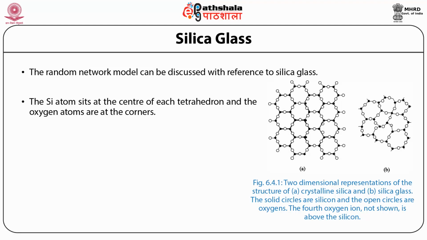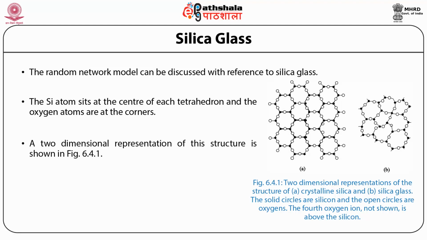So students, you can see a two-dimensional representation of this structure below. This is the two-dimensional representation of the structure of crystalline silica, which is shown in figure A, whereas figure B is of silica glass.